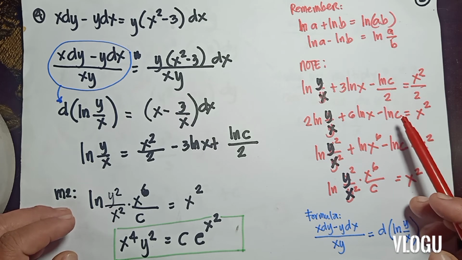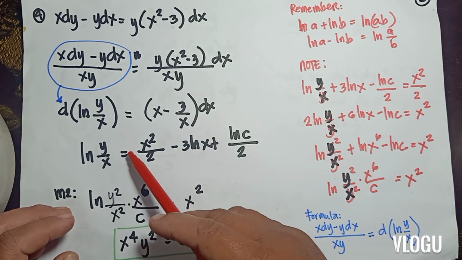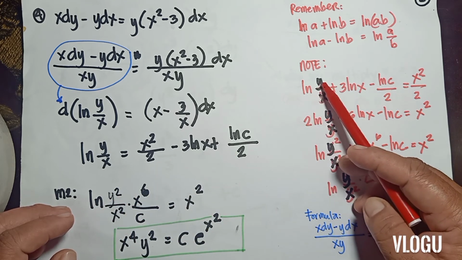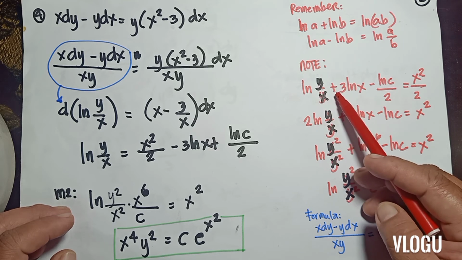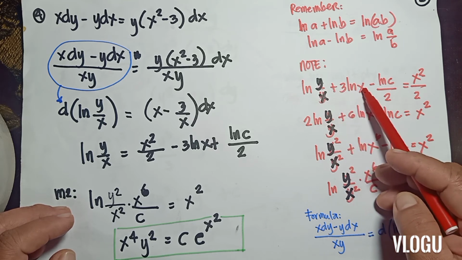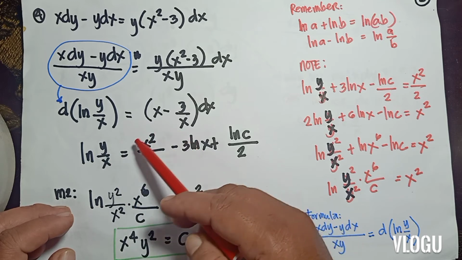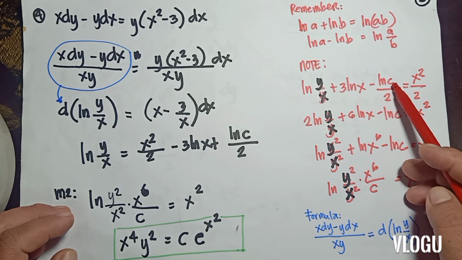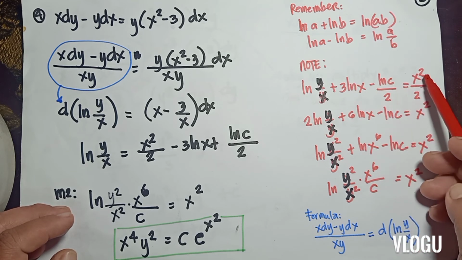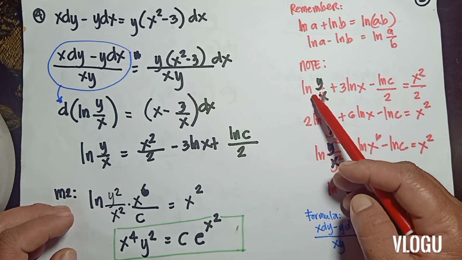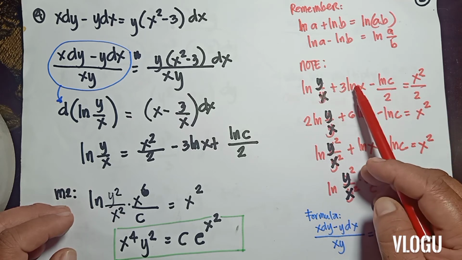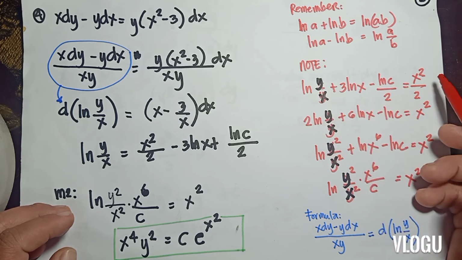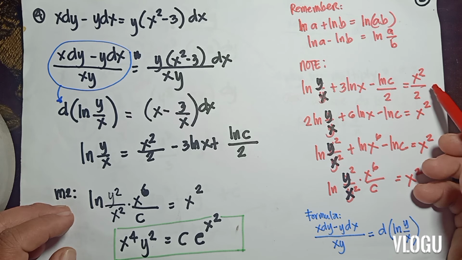Note here how I arrive at this form. ln y over x plus 3 ln of x, transpose that to the other side. I transpose, so plus 3 ln of x, and this one, minus ln of c over 2, equal to x squared over 2. So, I combine all ln at the left side. So, here, LCD 2. Okay.